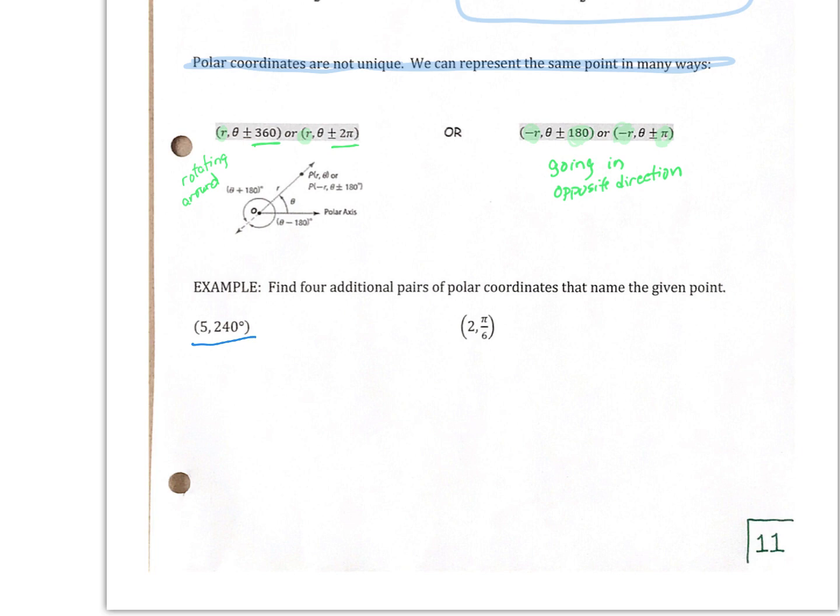So we're going to rewrite one of the points: we keep the R value the same and do 240 plus 360. And then the same R value and 240 minus 360.